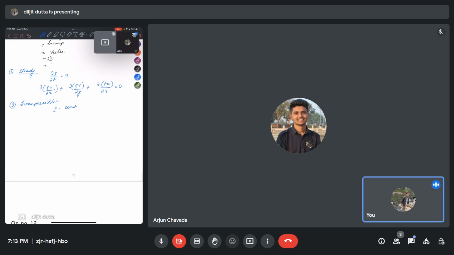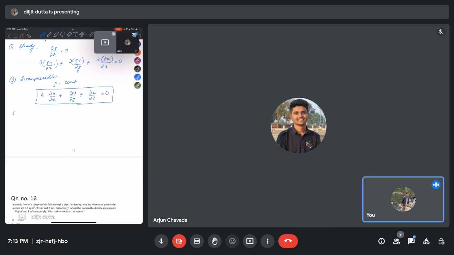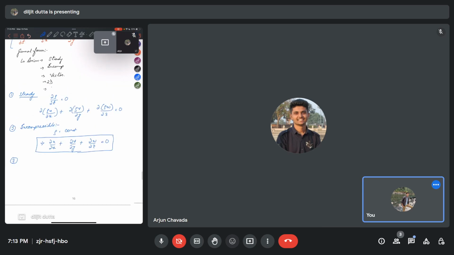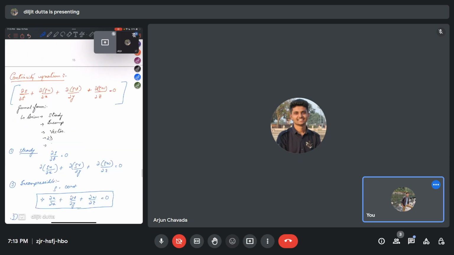So in that case we can take rho out of the derivative, so the whole equation will become del u by del x plus del v by del y plus del w by del z equals 0. We can also write the continuity equation in the vector form.